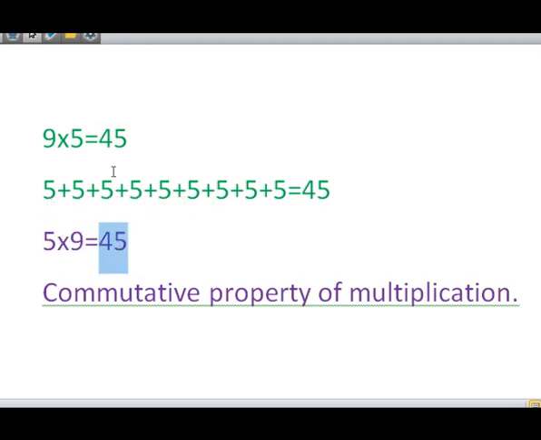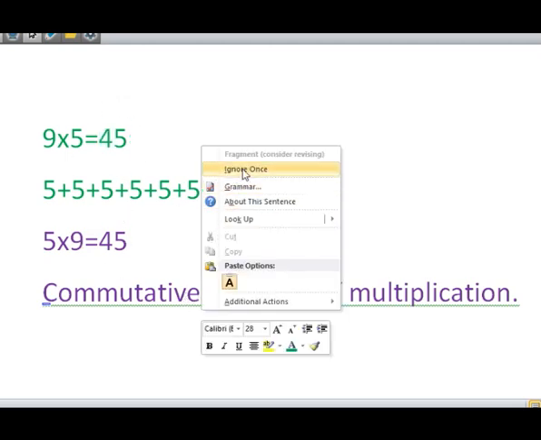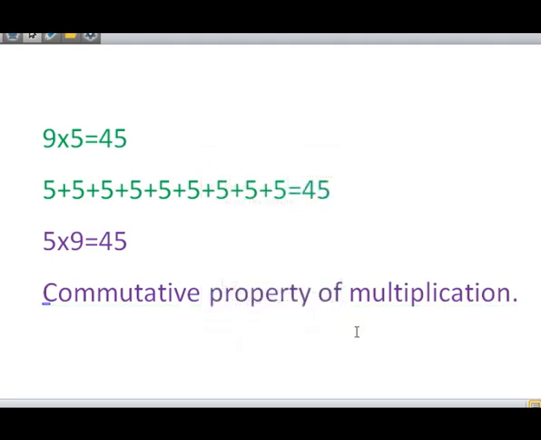The answer is the same in both ways. This is called the commutative property of multiplication, that we can change the places of the multiplier and the multiplicand, and the answer will be the same.